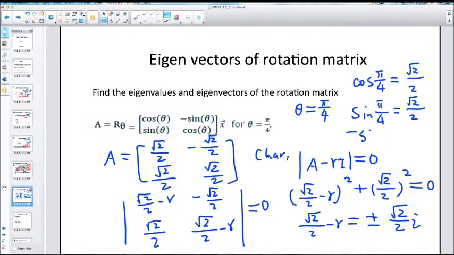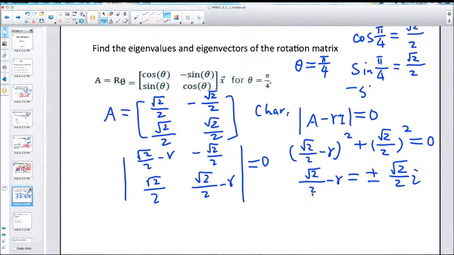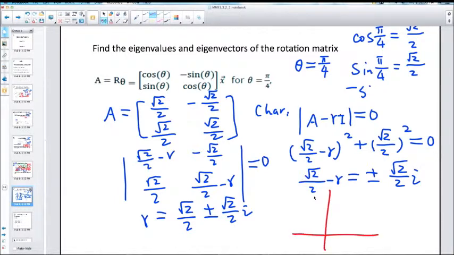If you don't have a real solution, you have this imaginary solution, plus or minus the square root of 2 i. Then you really cannot find any vector whose direction does not change. Let's observe. Everything changed.